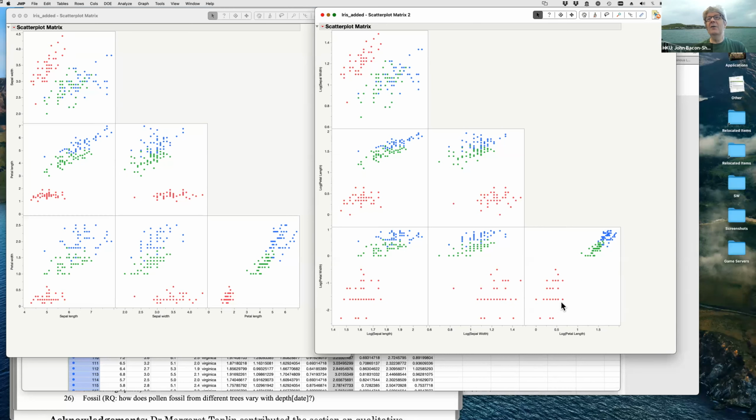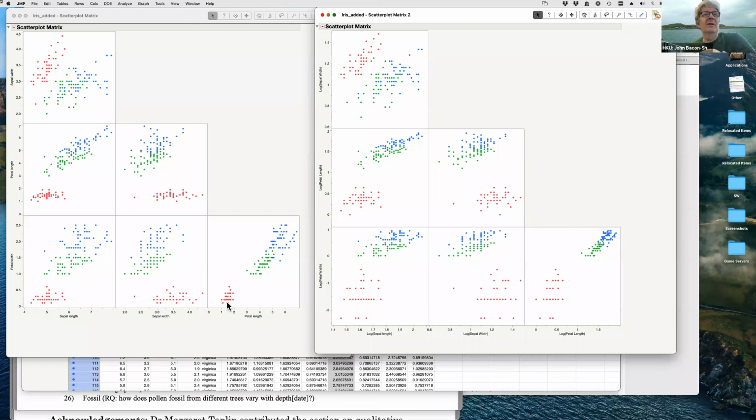You can see now the variability of the red ones has increased relative to green and blue. Because now we're looking on the log scale, we're looking at relative variability. So for smaller objects, the same variability becomes larger if we look at relative variability.